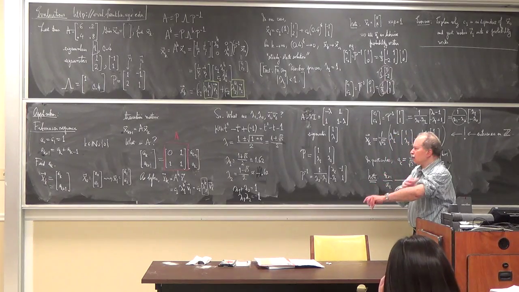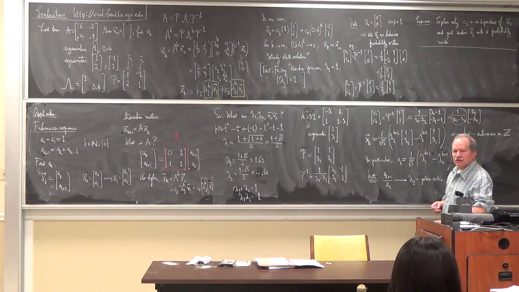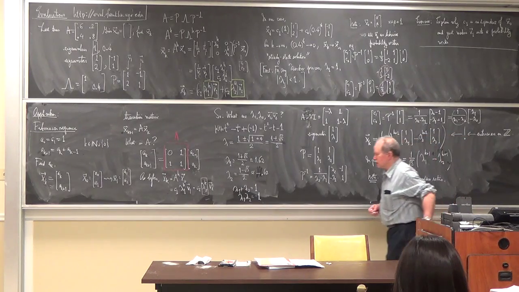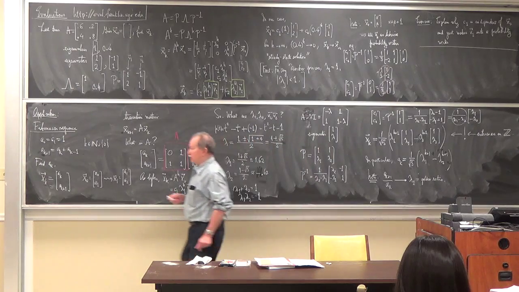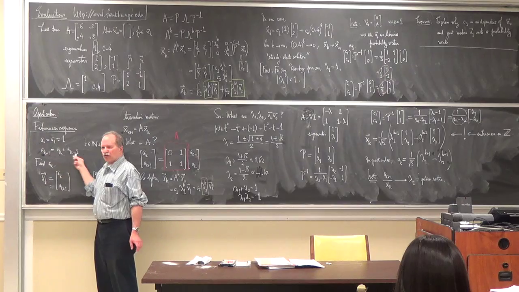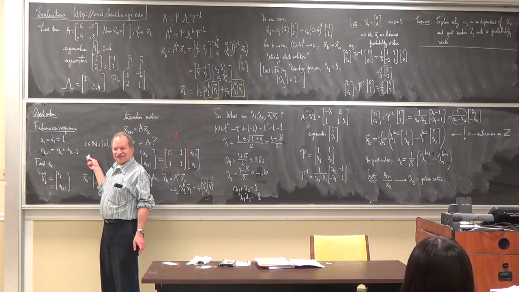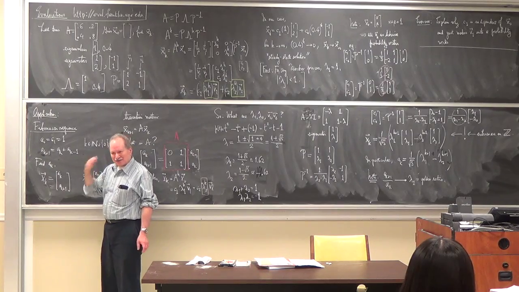So you could actually use this to find it for any sequence like this with any initial starting conditions. Moreover, suppose you wanted, instead of a second order recursion relation, a third order. You'd have a 3 by 3 matrix and you'd do the same game.